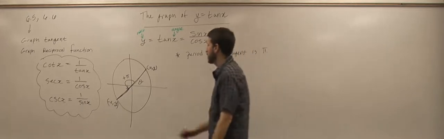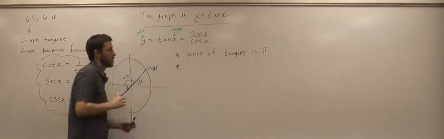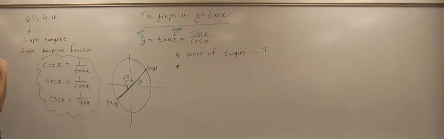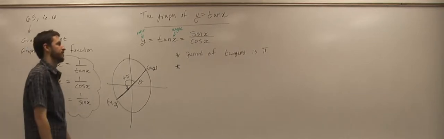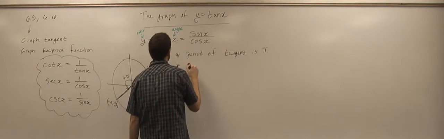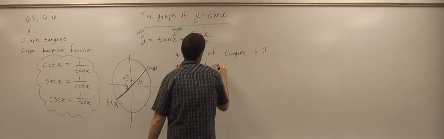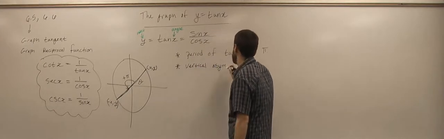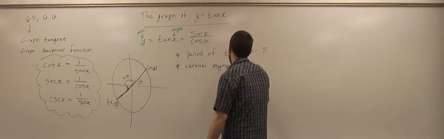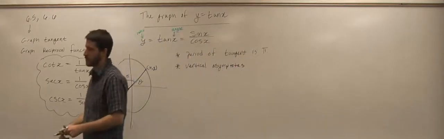Next. The graph of tangent has vertical asymptotes at odd multiples of pi over 2. If you remember, how do you find vertical asymptotes?